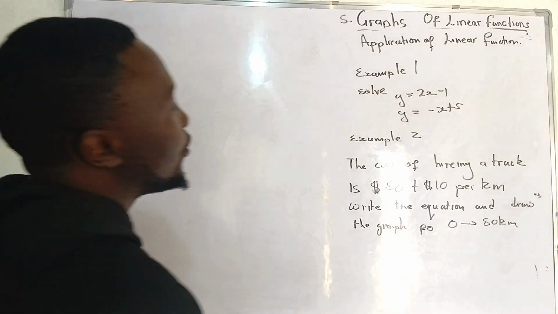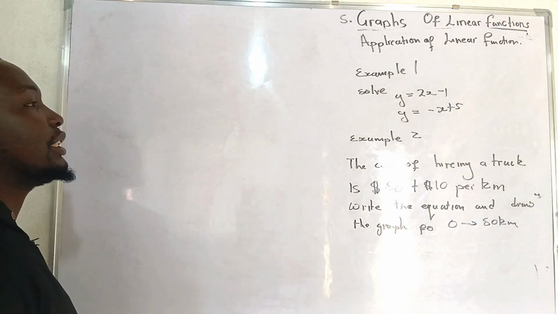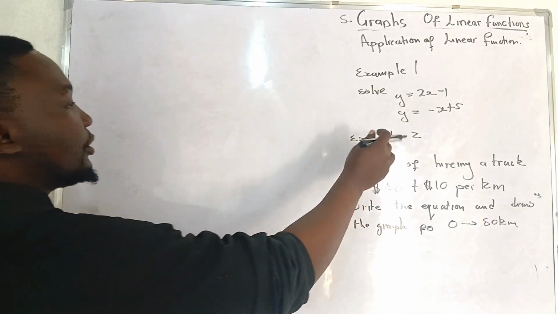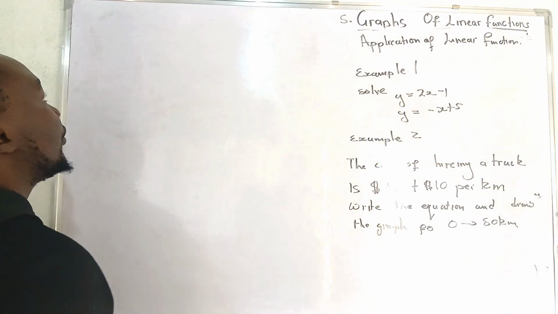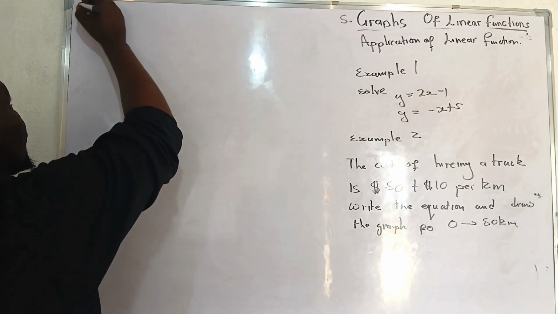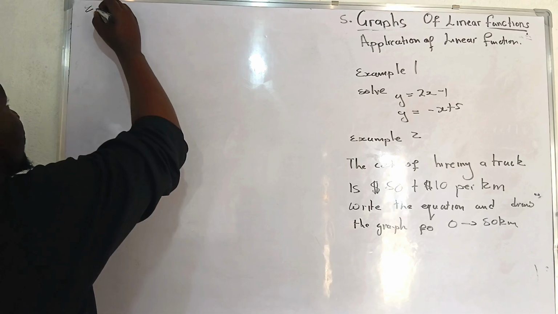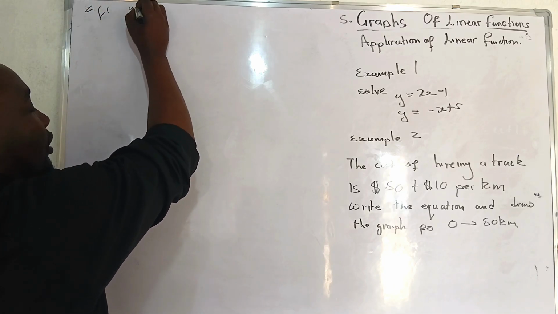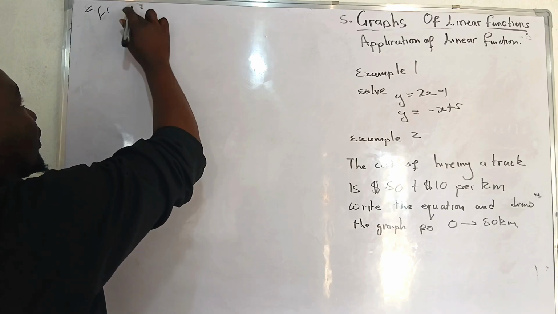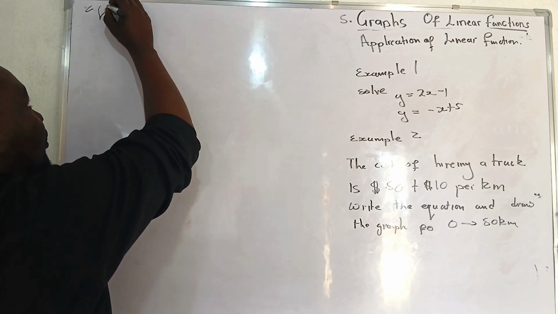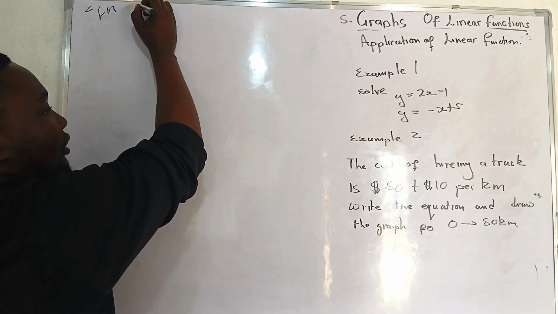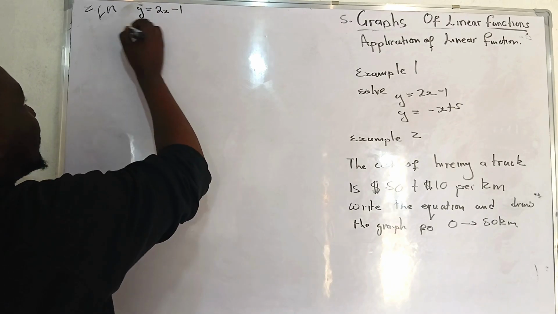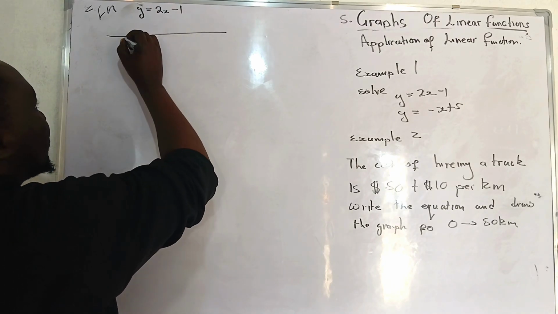You are asked to solve the simultaneous equations and you are given the two equations. Firstly, when you're given the two equations, you can draw their graphs. Equation 1 is given by y equals 2x minus 1, and let's have its table.